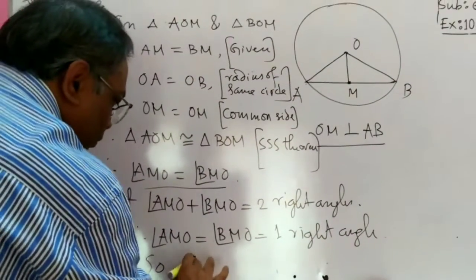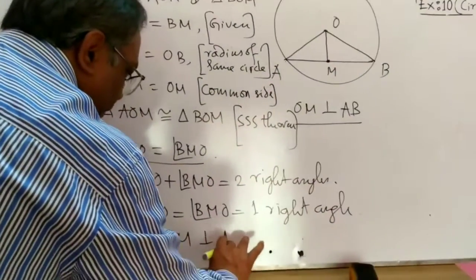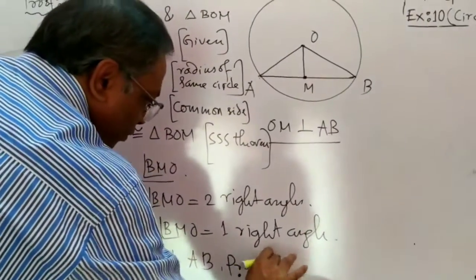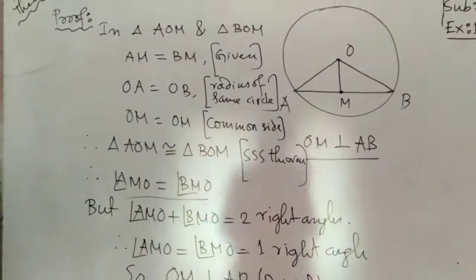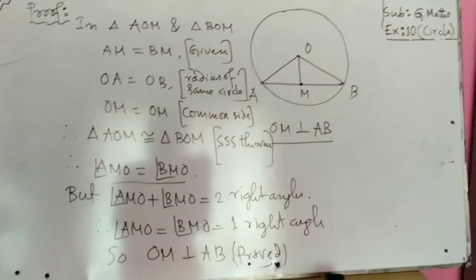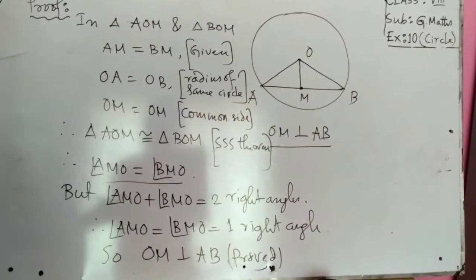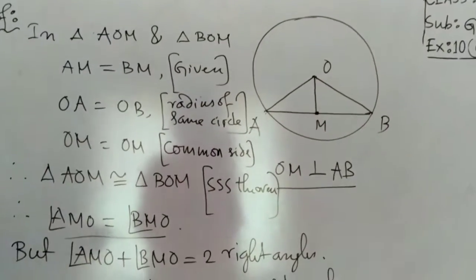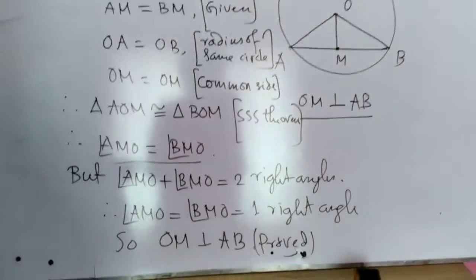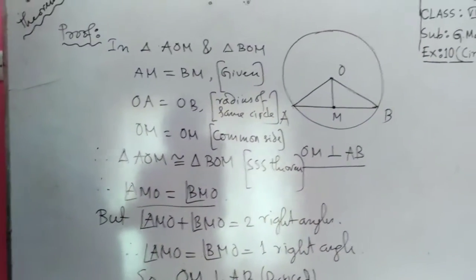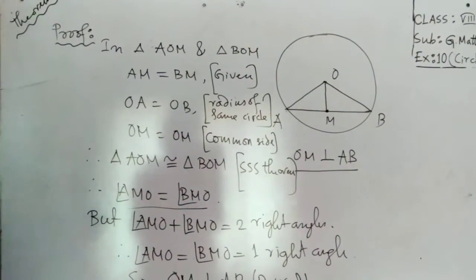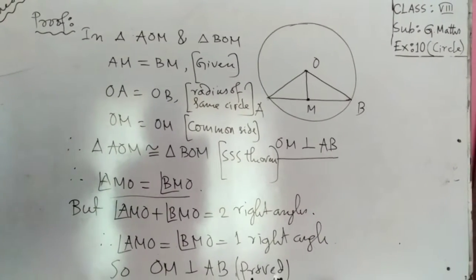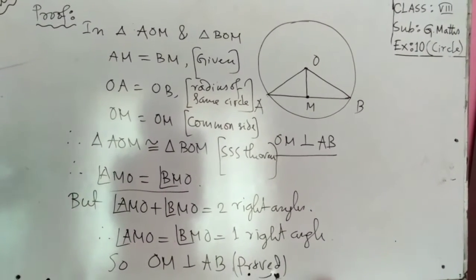So, OM is perpendicular to AB. Proved. Very easy theorem. If you know the rules of congruence of triangles, you can easily prove it. So here is the proof of theorem 1.